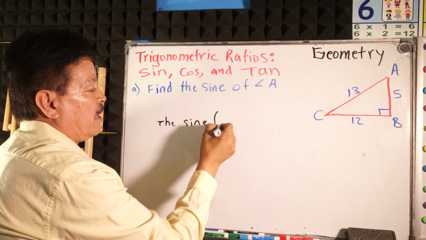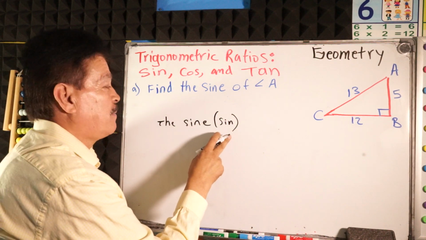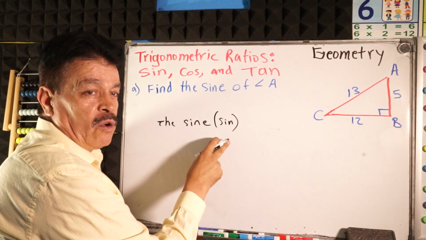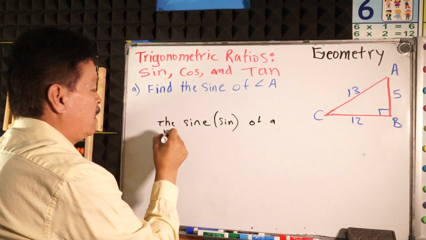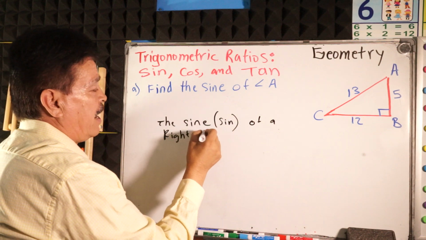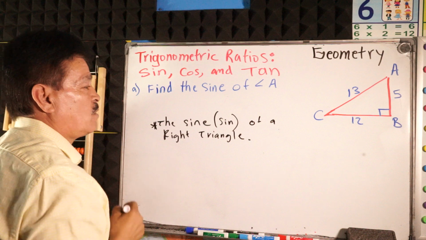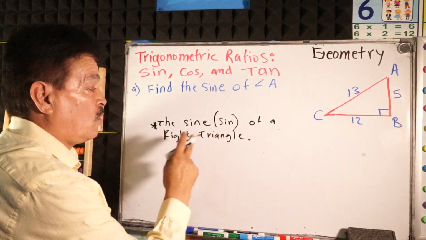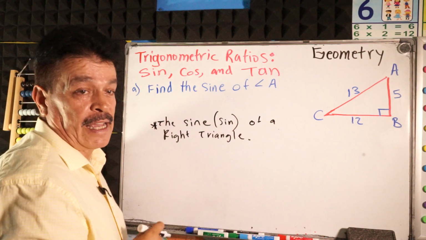You can write it in this short way as well. We are talking about a right triangle. So this is the ratio, the sine.